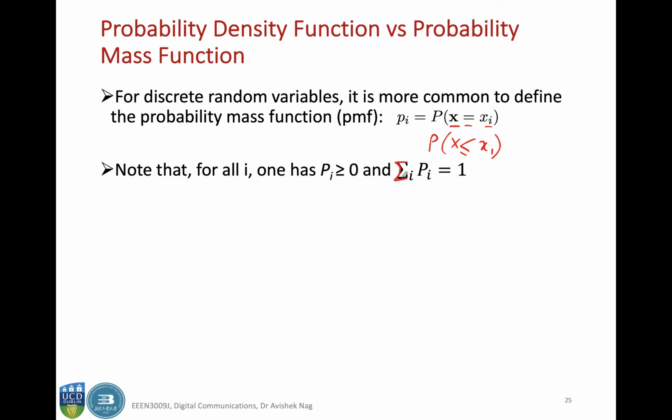So in case of a discrete random variable, we don't call it probability density function, we call it probability mass function, which is the individual probabilities pi at certain values that the random variable x can take, and if you sum all these values, that will give you 1, spanning the entire sample space.